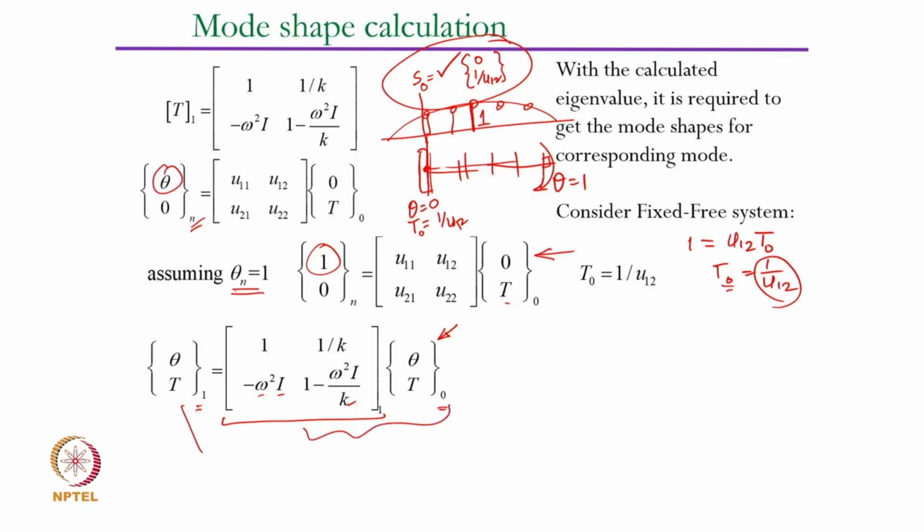Once all the state vectors are known, for the mode shape you do not care how much torque is acting at each element. You are only interested in the thetas. So, you can plot that if the twist here is 0 and here you have assumed it to be 1 unit, how much is the twist in the rest of the elements. By knowing this twist value, this twist value, this twist value, and so on, all these twist values are known, and this becomes your mode shape.